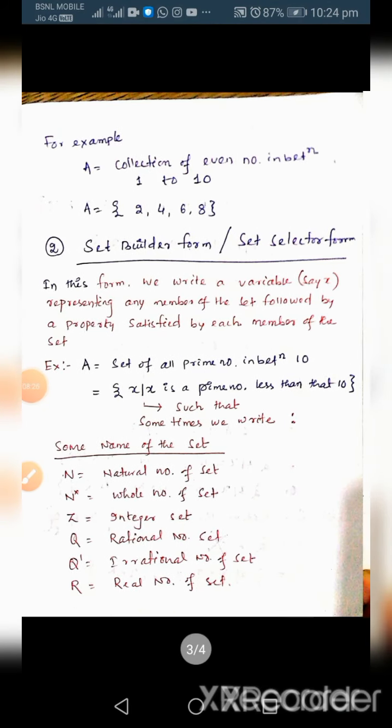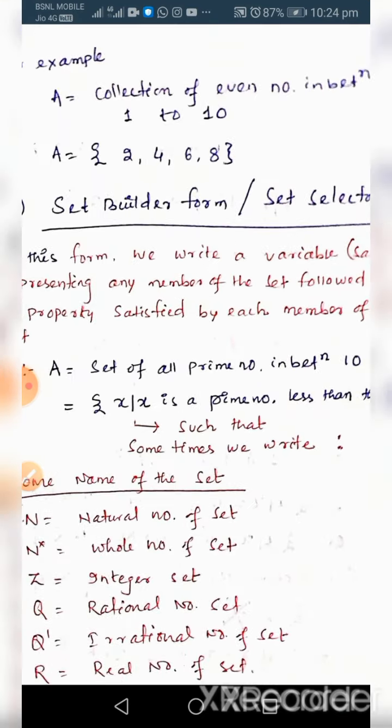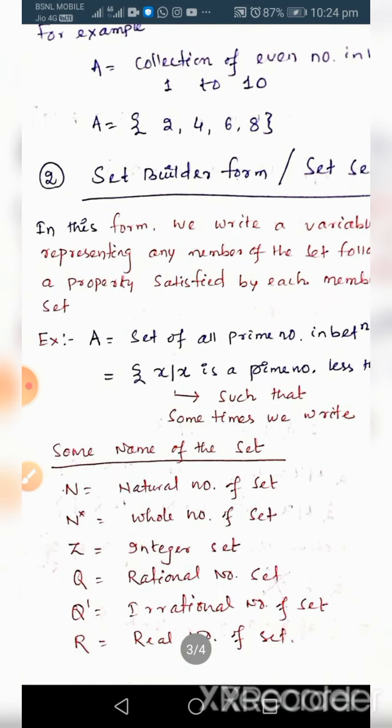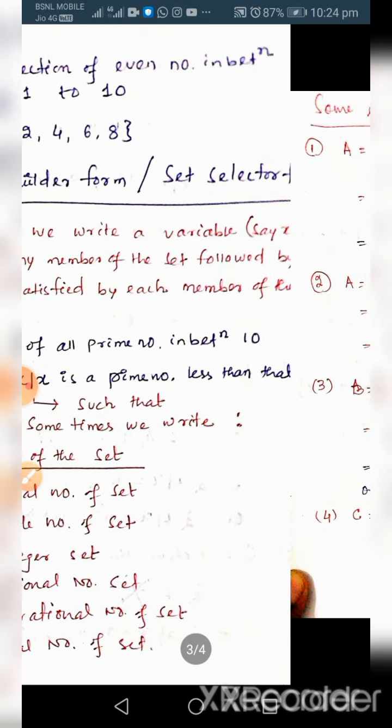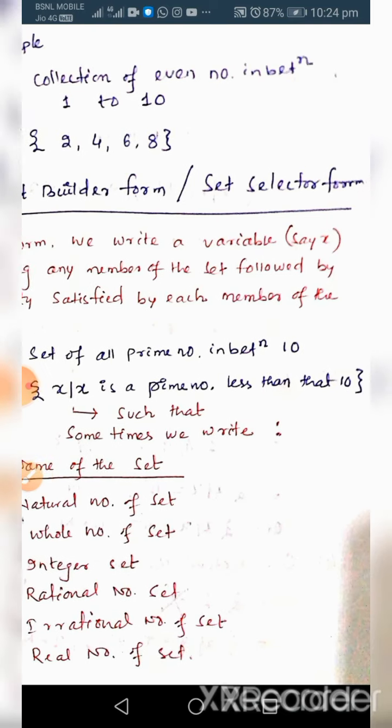Like that. What is set builder form? What is set builder or set selector form? The second thing you can write. In this form we write a variable, say X, representing any member of this set, followed by the property satisfied by each member.